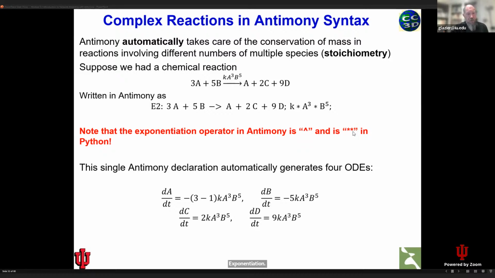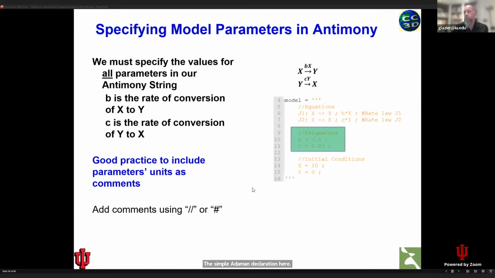So you have to remember that when you exponentiate things, you're going to have two symbols for exponentiation in your code. The simple Antimony declaration here gives rise to four ODEs. Any rate constant that you provide, b, c, K, must obligatorily be declared in the Antimony definition. If you do not provide an initial value for constants, Antimony will complain.